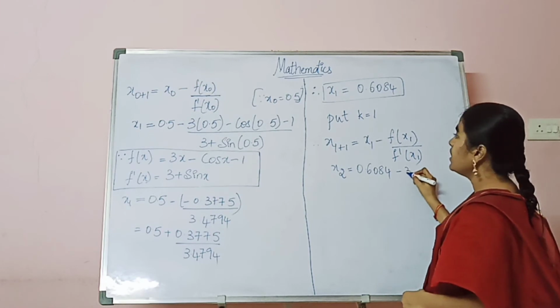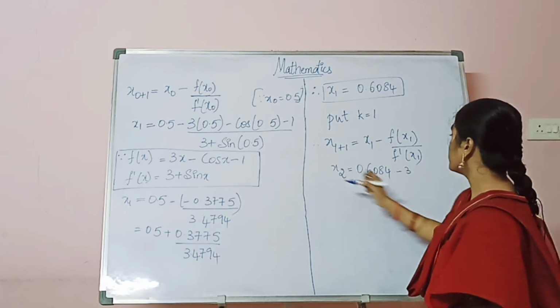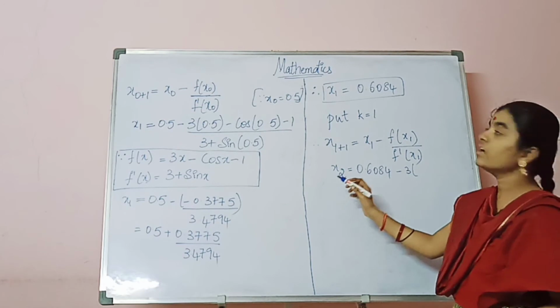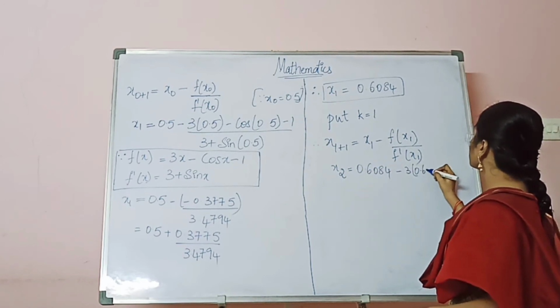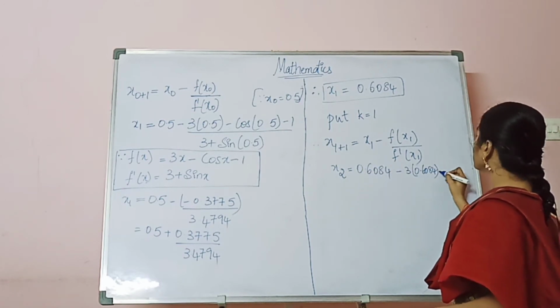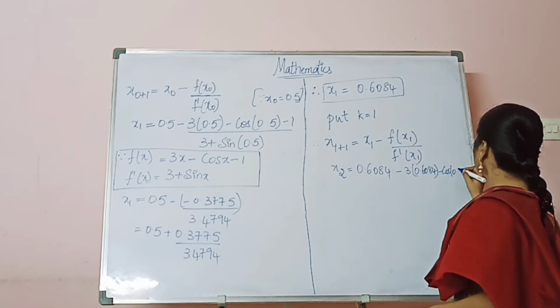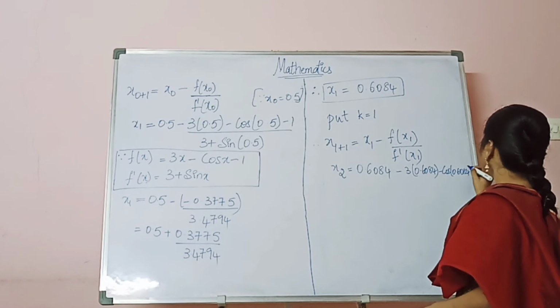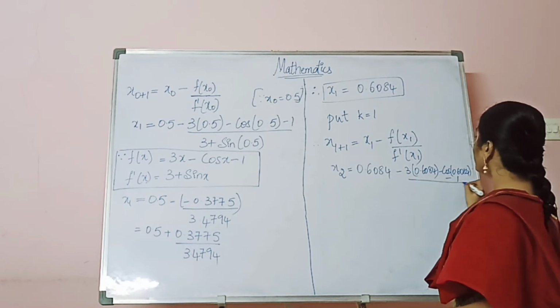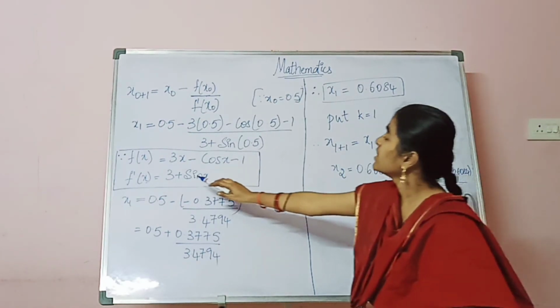Now minus, in the same equation we substitute, 3 into 0.6084 minus cos of 0.6084 minus 1, divided by f dash of x, which is 3 plus sin x.